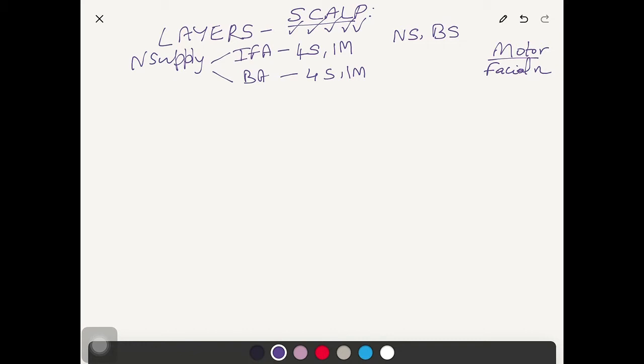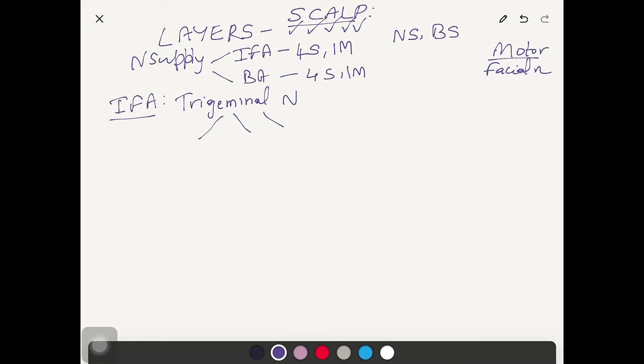Let us first take the sensory nerves in front of the auricle. The front of the scalp, as it is developed in line with the face, derives its sensory nerve supply from the trigeminal nerve, the same as the face.